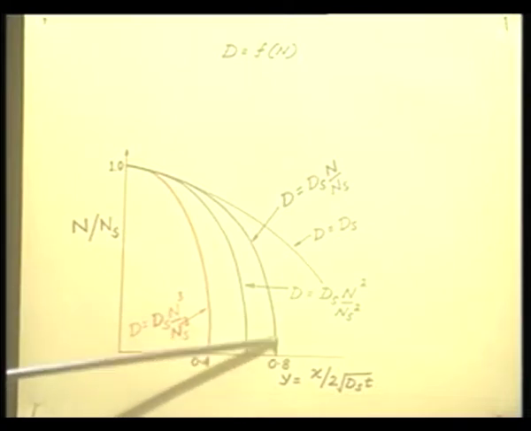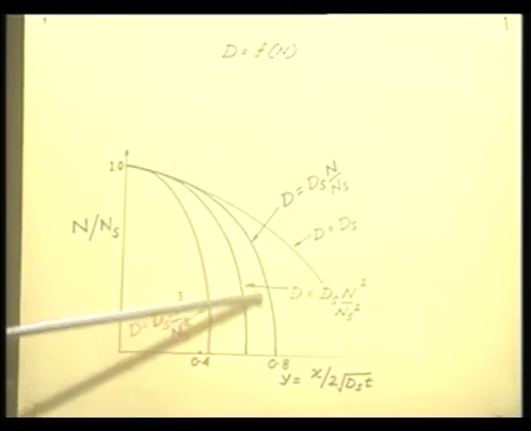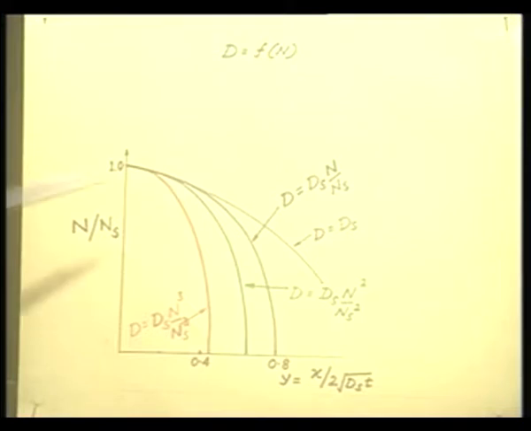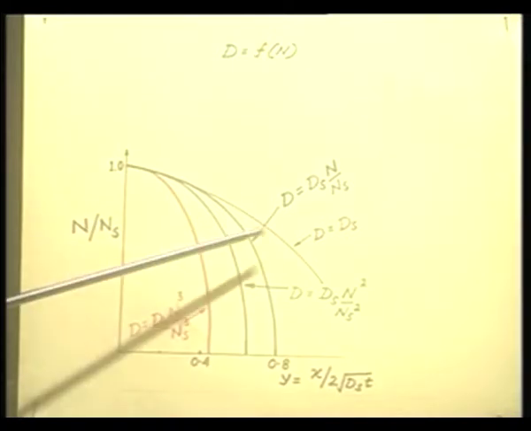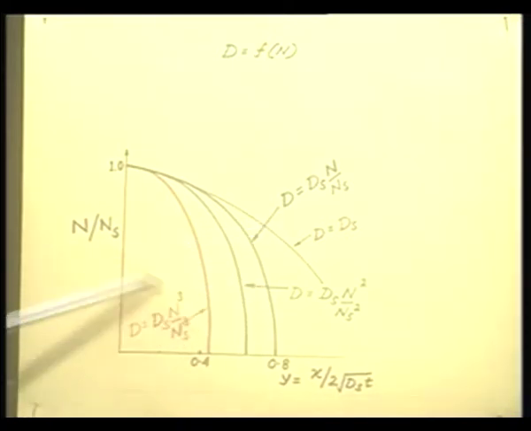The next one is for D being proportional to N, D is given as Ds N by Ns, the green one is for D proportional to N square, the red is D being proportional to N cube. One thing is very clear from this figure: compared to the complementary error function profile, all the other three are much steeper, they are more abrupt.